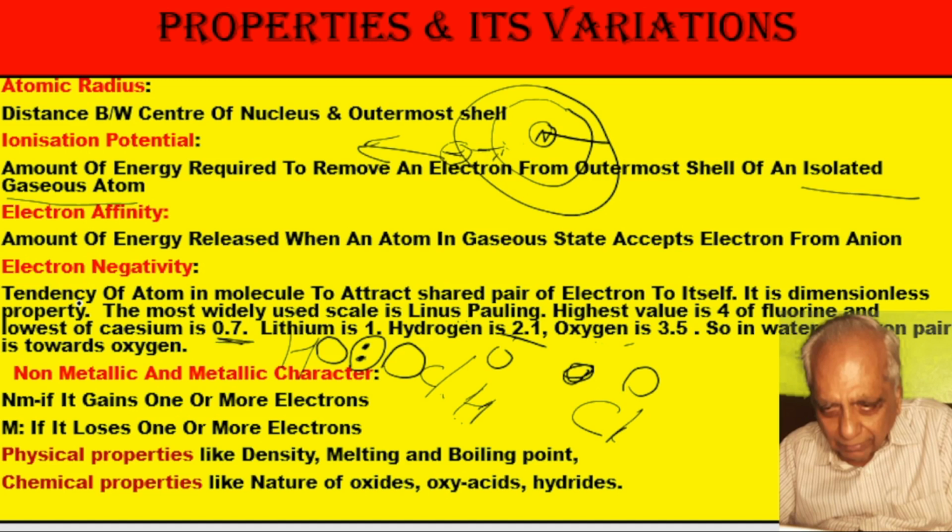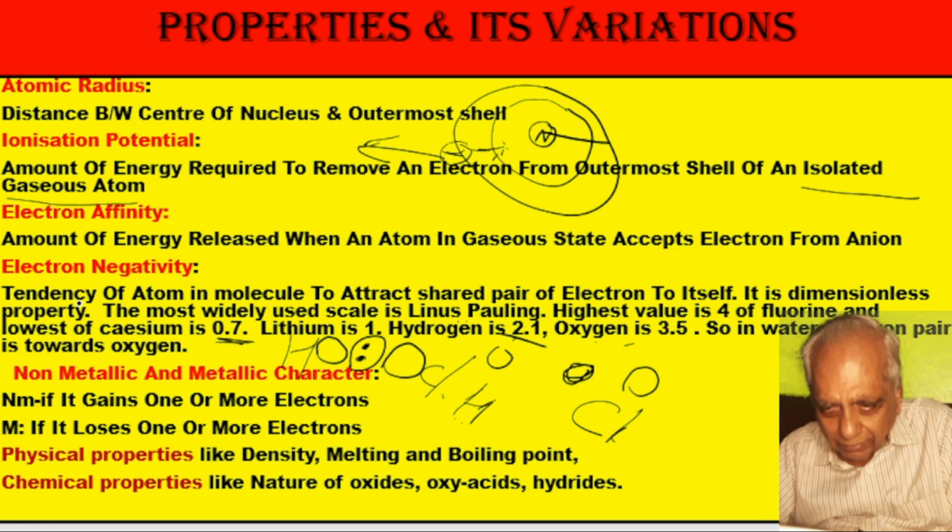Yesterday we saw its electronic configuration is 2, 8, 1. So it will try to donate, to lose this 1 electron. So sodium is a metal. So you should first check the atomic number of the element, then draw the electronic configuration and see whether it will donate the electron or accept the electron.